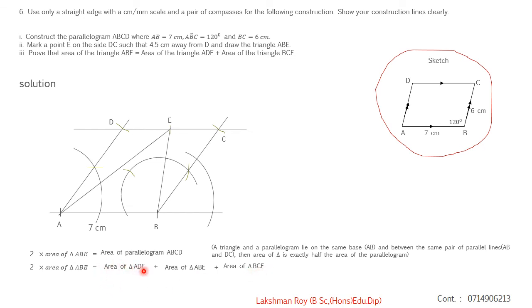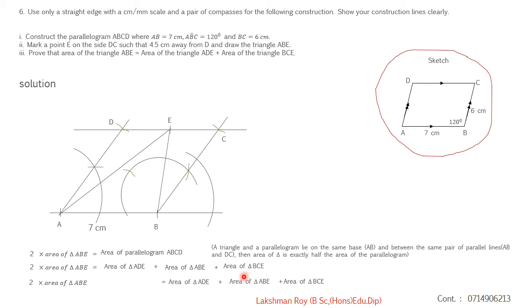The area of ADE triangle we want, and the area of BCE triangle also we want, but we do not want the area of ABE triangle. So we have to remove that one. So what do I have to do? 2 times area of ABE triangle is equal to area of ADE triangle plus area of ABE triangle plus area of BCE triangle.